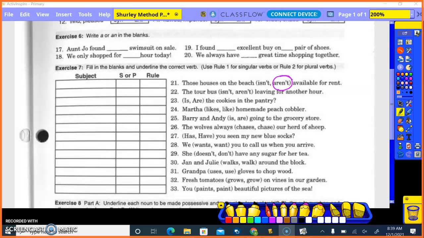So what's the subject? Houses. Is that singular or plural? Plural. Sorry, I wrote an S. Plural. And then rule number 2.